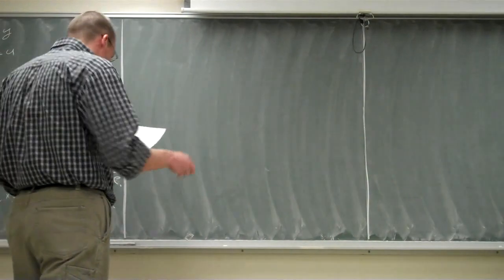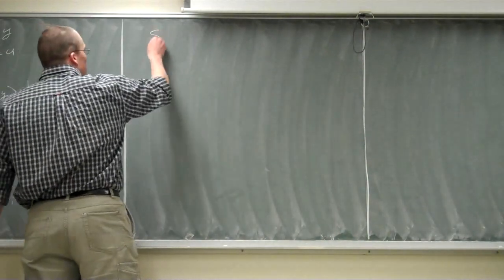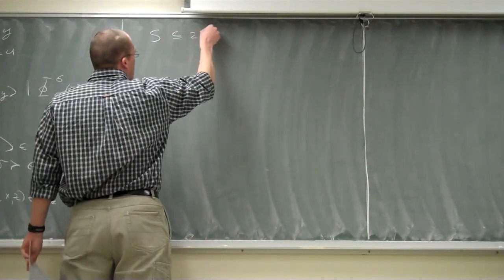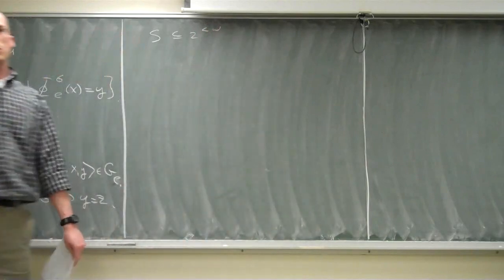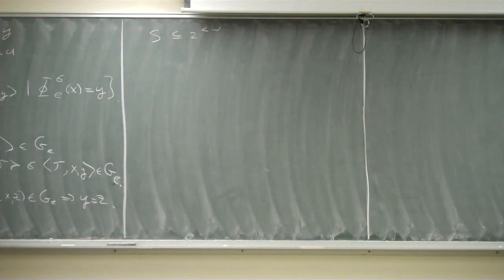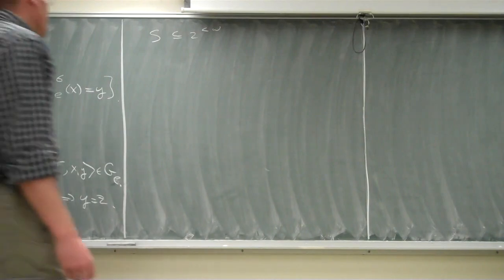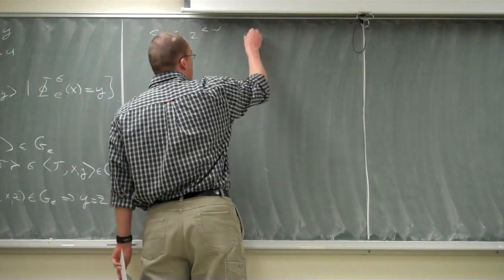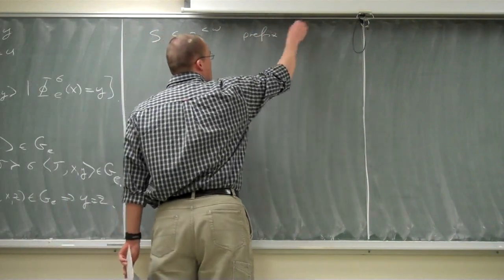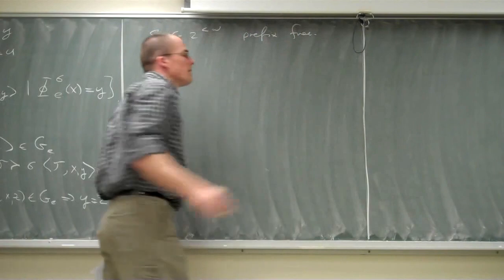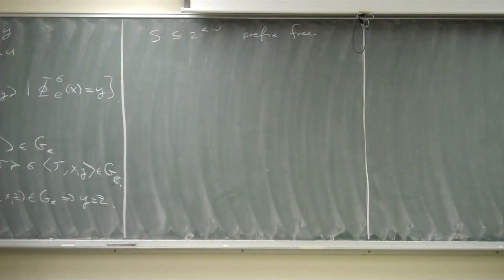Okay, so 2 to the less than omega is the set of finite sequences of zeros and ones. So that's the set where the sigmas come from. Such a set is called prefix free if for any two things in this set, one is not a prefix of the other.